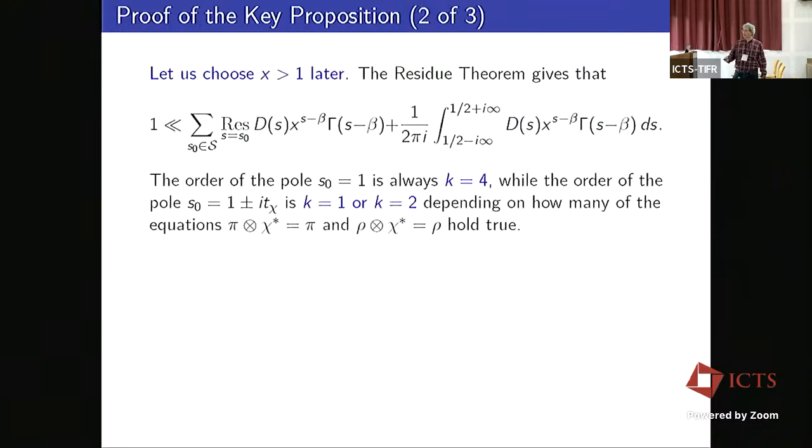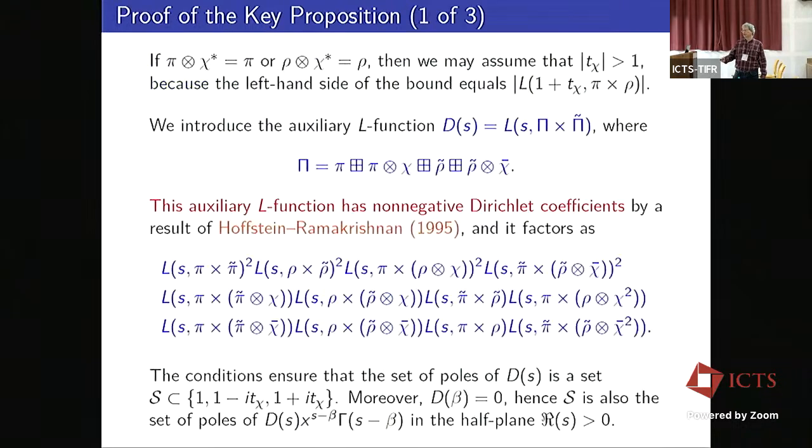But then there are also the other kinds of poles, like 1 plus it chi and 1 minus it chi. We get 1 minus it chi in the case when chi star twists pi to itself. That's the only way it can happen, that there is a pole at 1 minus it chi here. But if chi star twists pi to itself, then if you plug in 1 minus it chi here, this is in absolute value the same size as our twisted L function.